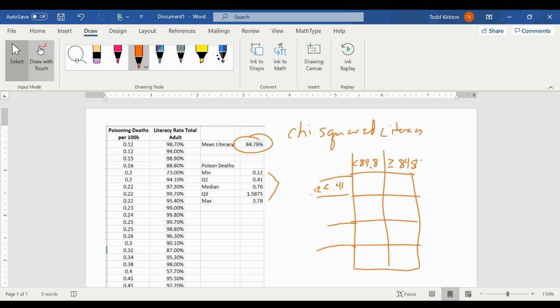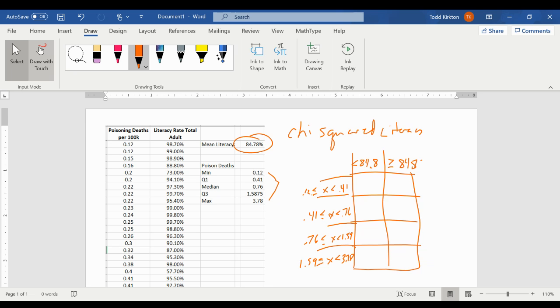If you want to make that an inequality, x is greater than or equal to 0.12 and less than 0.41, and then 0.41 to the next, which is 0.76, not including 0.76, and then starting at 0.76 and going to 1.59, and then 1.59 to the max, which is 3.78.